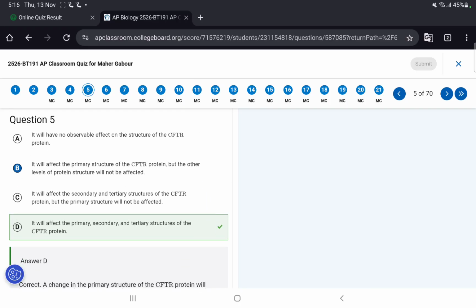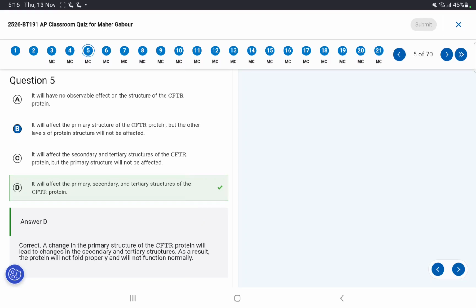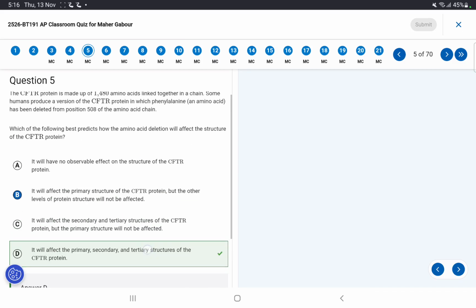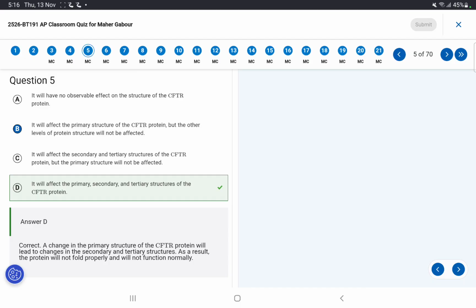It will affect the primary, the secondary, and the tertiary structure. Because if you remove an amino acid, the primary will get messed with, and if the primary is messed with, the secondary will be messed with. That means the tertiary will also be messed with. If you mess up the primary, which is the thing that has the amino acid chains linked together, you'll mess with all of them.